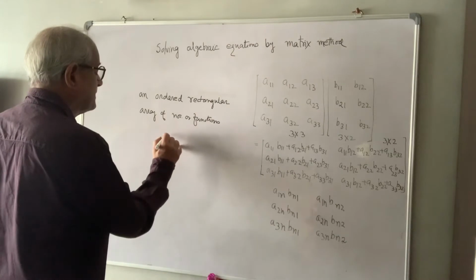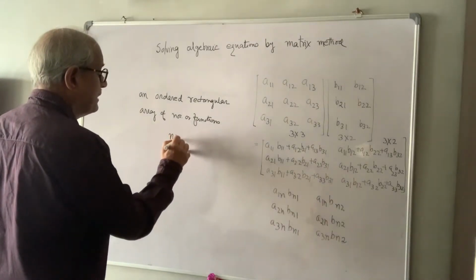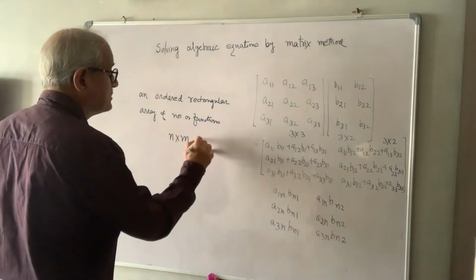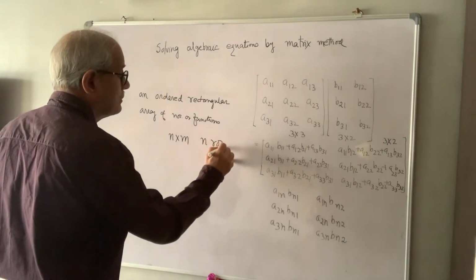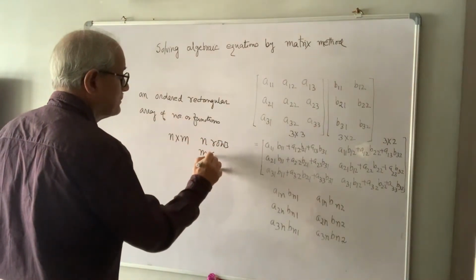Suppose a matrix has an order n into m, means it has n rows and m columns.